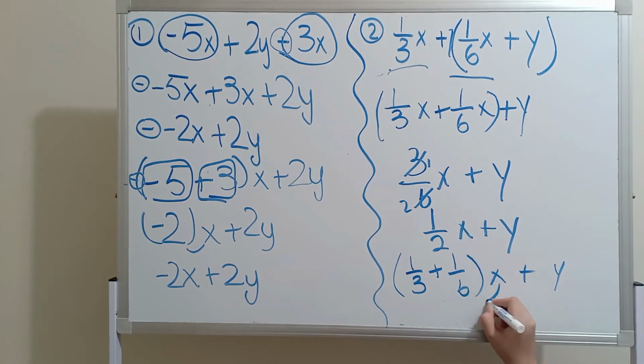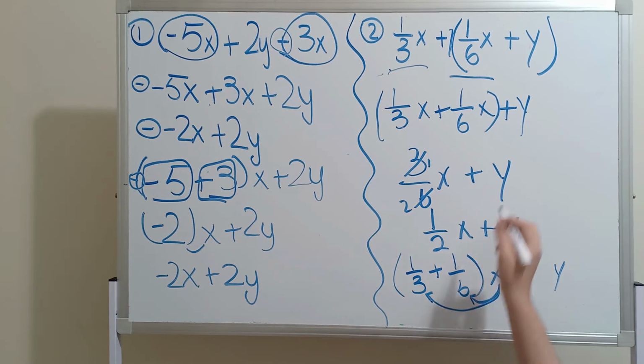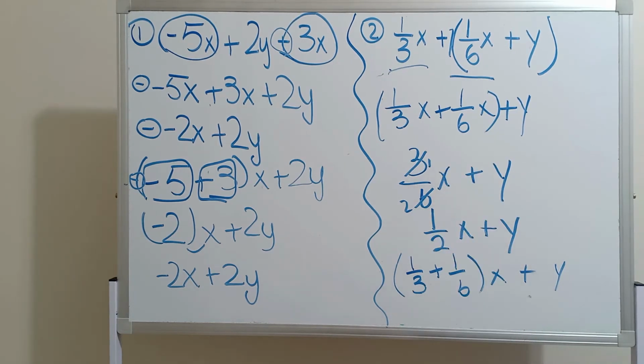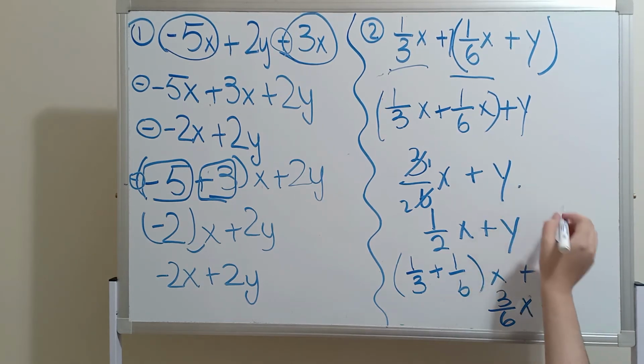So we can multiply the x by 1/6 and x by 1/3, and we will get the same answer as this. Here, what we will do is add 1/3 plus 1/6, which will give us 3/6, and we multiply it by x, so 3/6x plus y, which is the same as this and this.